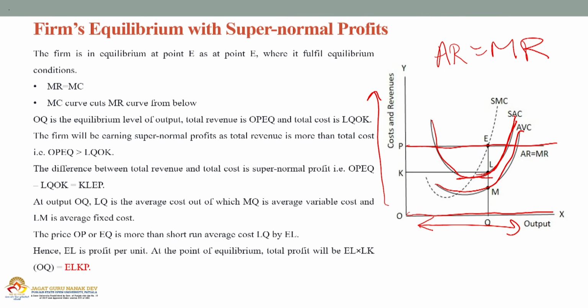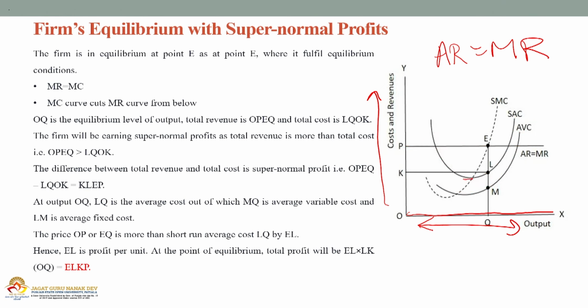This distance between the two, average cost and average variable cost, goes on decreasing slowly. So whenever you are to draw these two curves in one axis, be careful that this distance should decrease, not to increase. Clear?